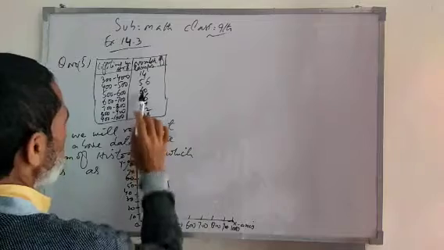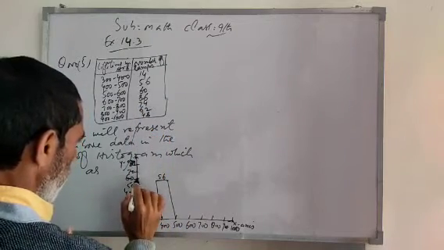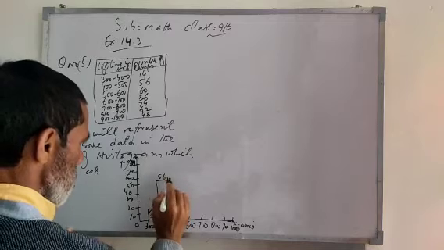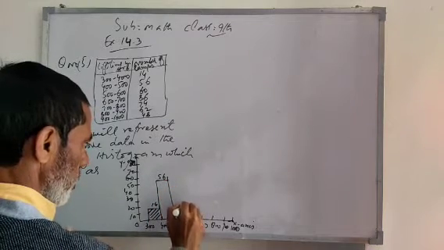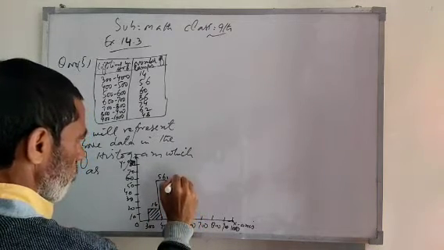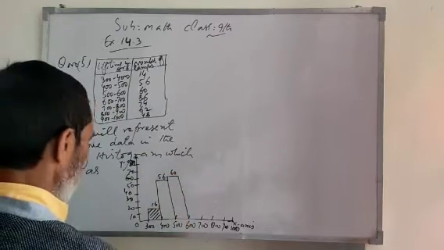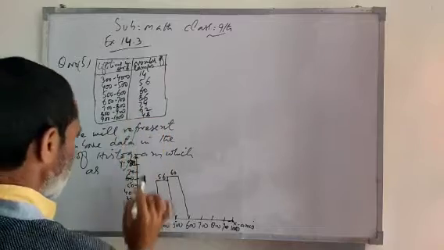500 to 600 is 60. This is 60. 600 to 700 is 86.